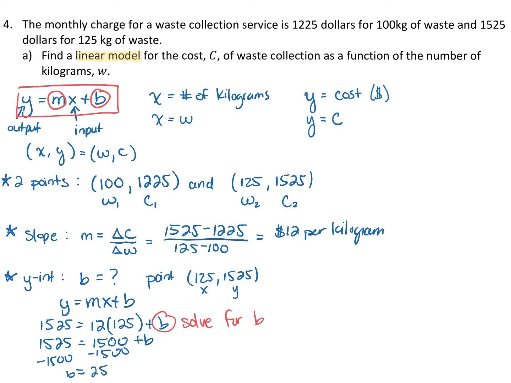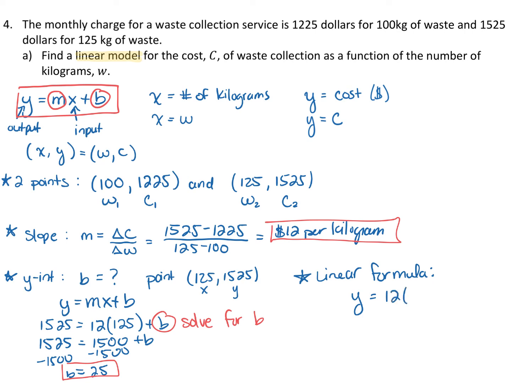So now that I have all the pieces of information, my slope and my y-intercept, I can write the linear model. Don't forget to actually put it all together and answer the actual question. You can write it initially as y equals 12 times x plus b, but because we're told that y is cost, you want to use the correct variables.